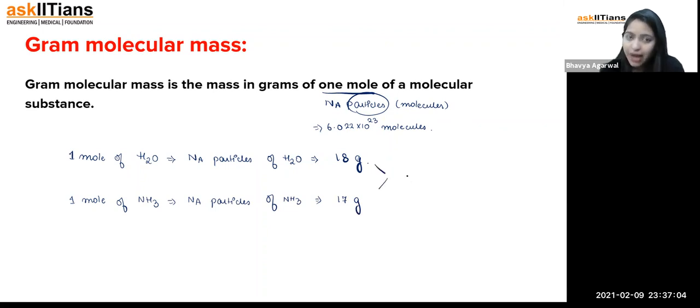And it is from here that we call it GMM, or the gram molecular mass, which is nothing else but another term for moles. Whether you talk about gram atomic mass or gram molecular mass, these are just other terms for moles. Right?